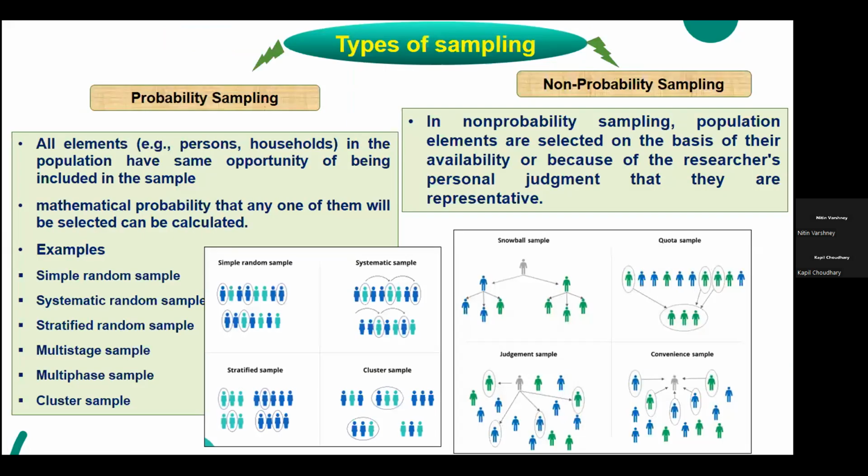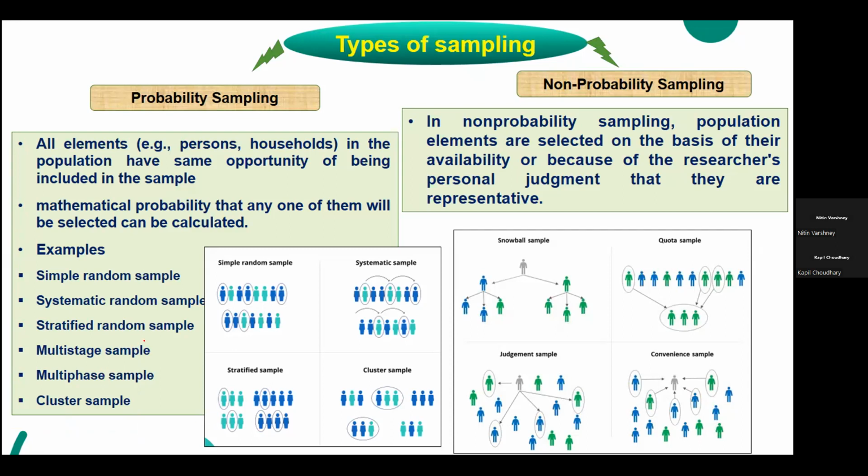Now, next, we have different types of sampling, like probability sampling. Probability sampling is a method in which probability is used, meaning probability has importance while selecting the sample.